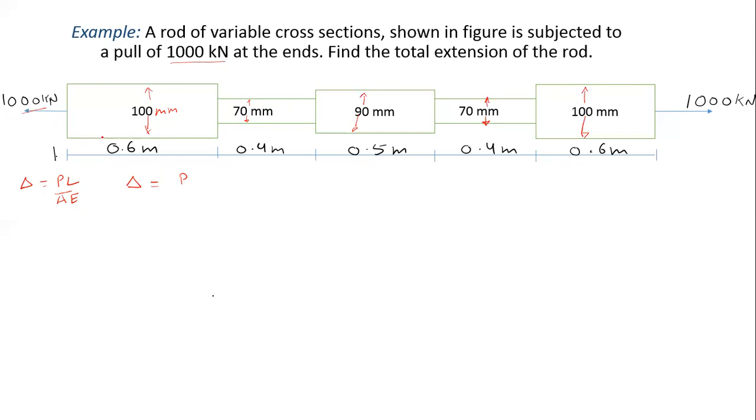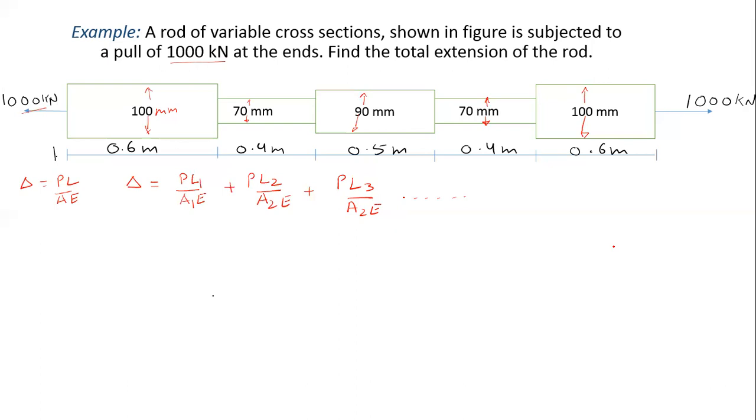So we can say that this tensile force or axial force is constant throughout. So the total elongation can be found out using PL1 upon A1E plus PL2 upon A2E plus PL3 upon A3E and so on.